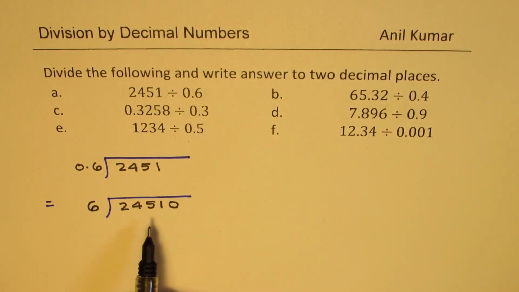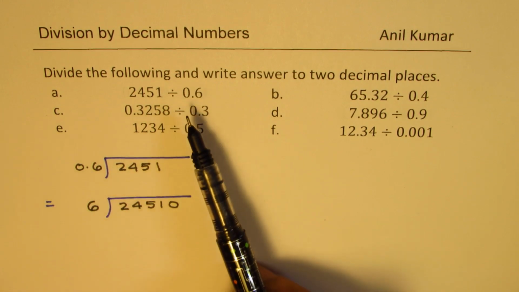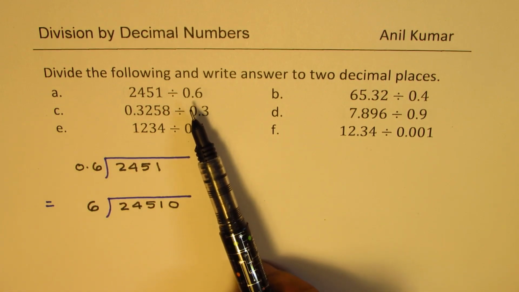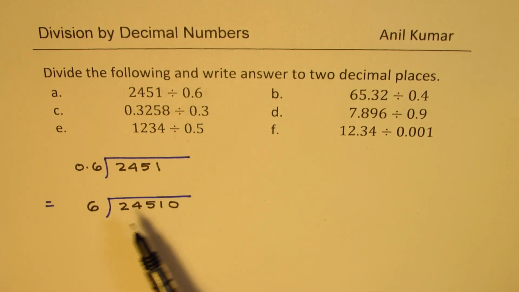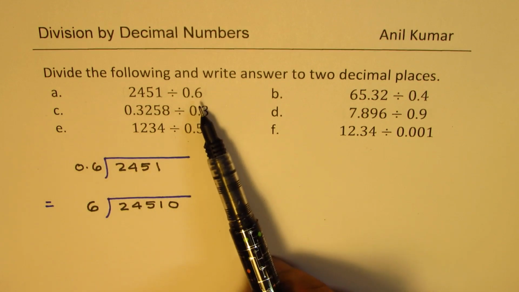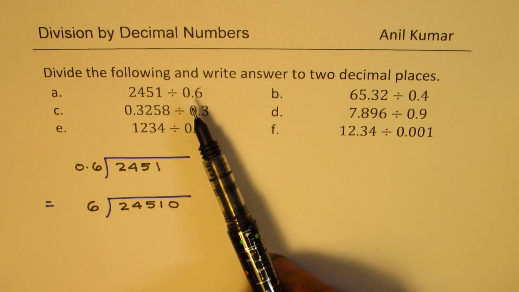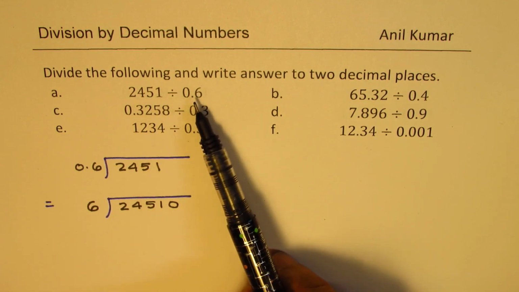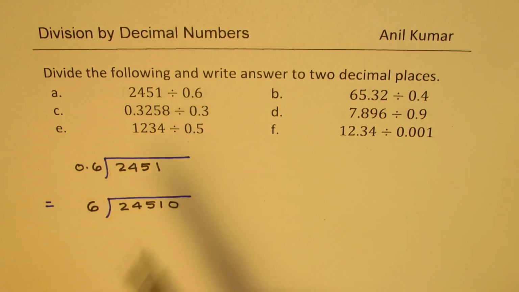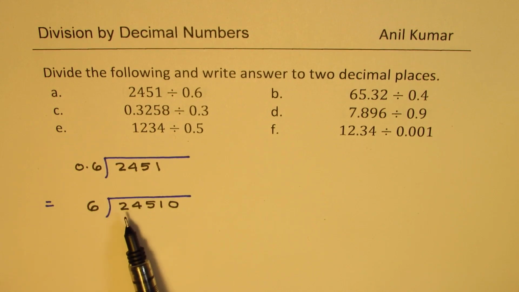So as you can see here, dividing by a decimal number is kind of same as division by a whole number, right? So the first step should be to convert the divisor into a whole number by multiplying both by multiples of 10, right? So now we'll divide 24510 by 6.